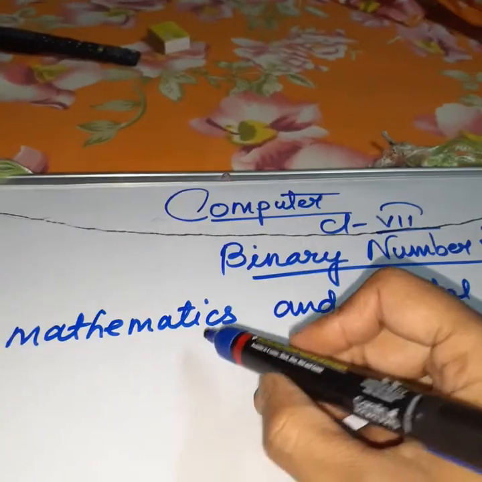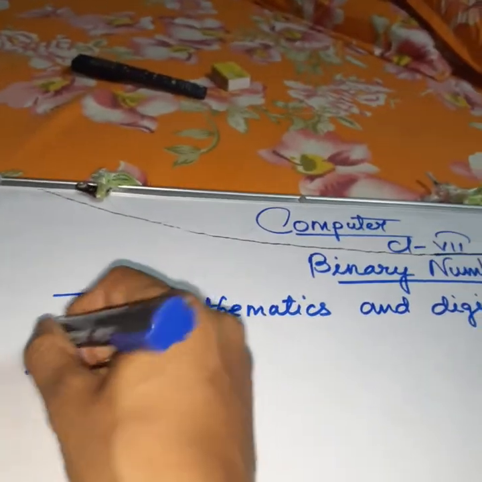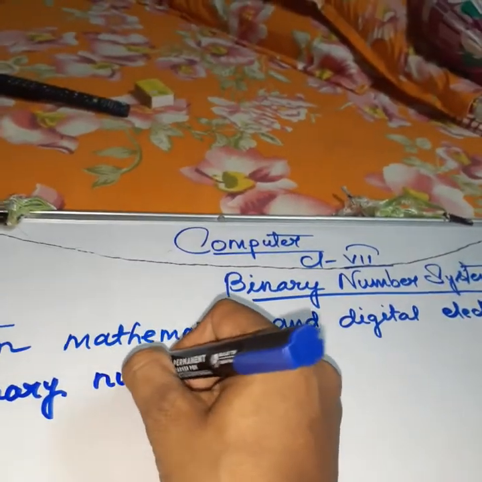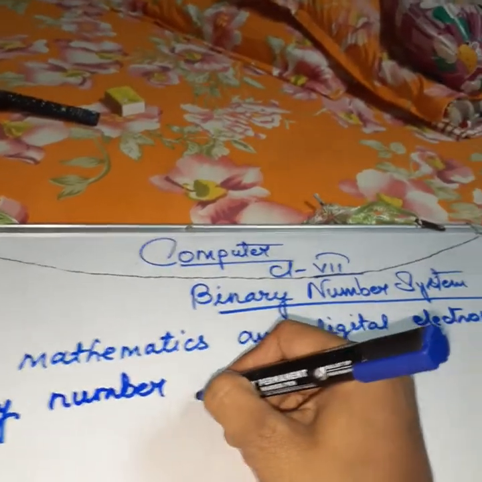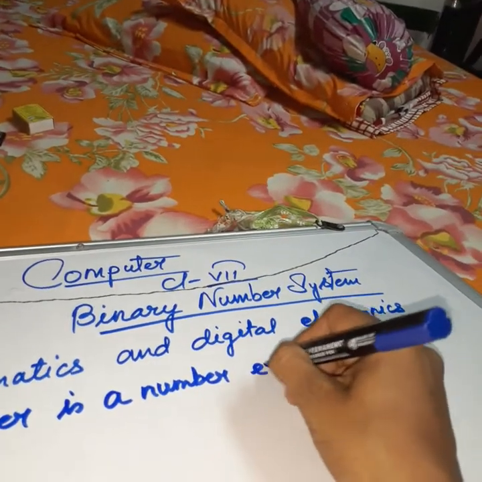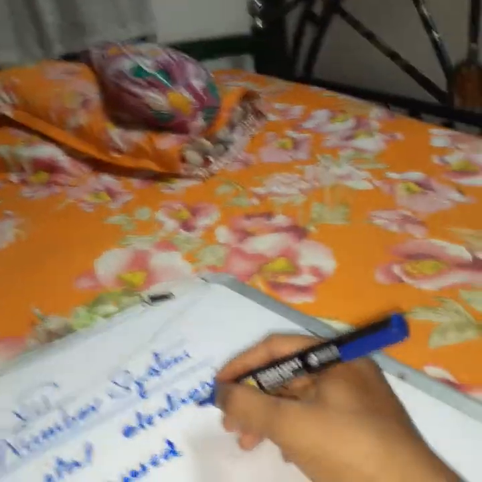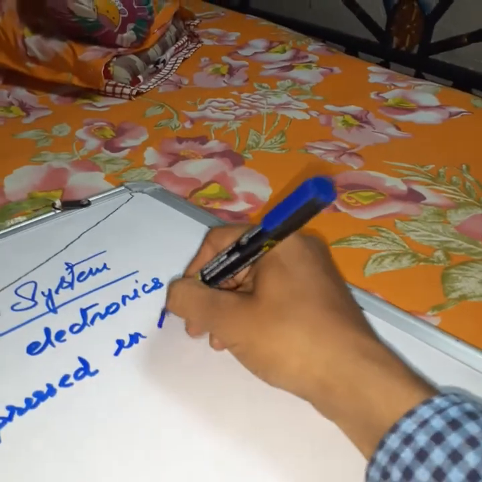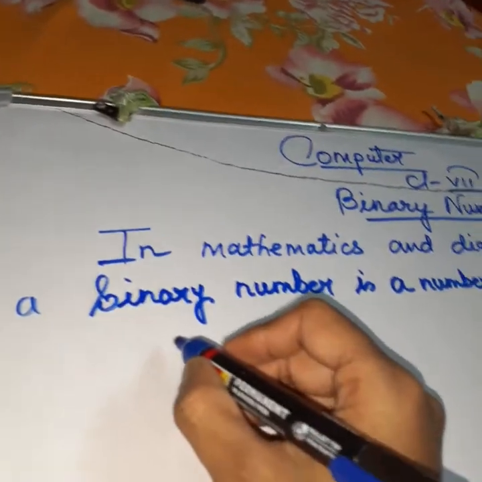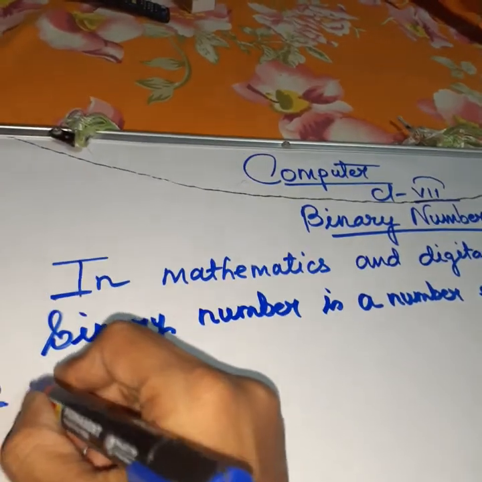So, I have written over here: in mathematics and digital electronics, a binary number is a number expressed in the base 2 numeral system.